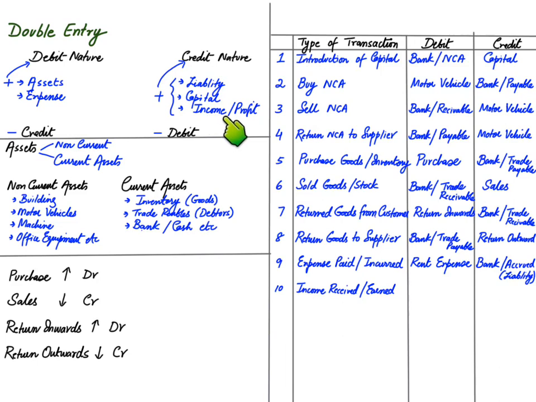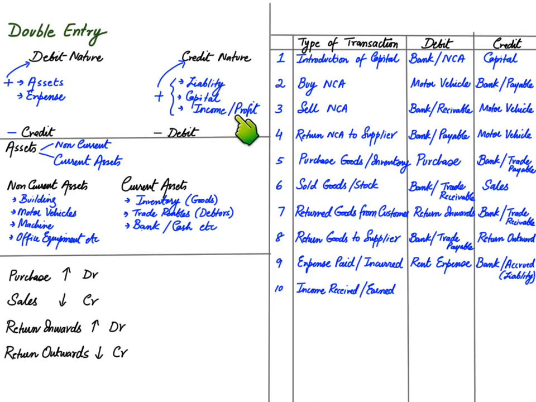So why is income, profit or gain credit? Gain or profit or income is credit because capital is credit. Whenever we are earning some money in the business or in the capacity of an individual, our capital increases. Whenever a business makes a profit, the capital of the business is increased by the amount of profit that the business has earned.